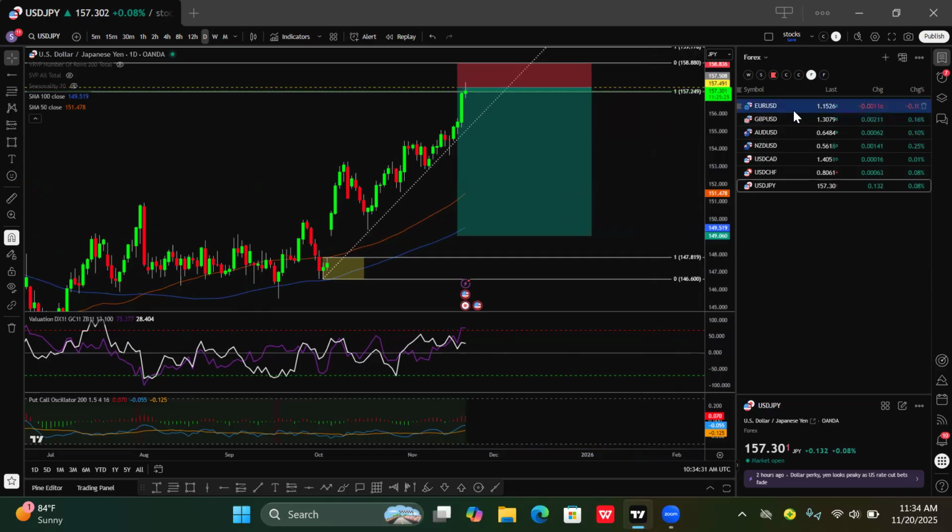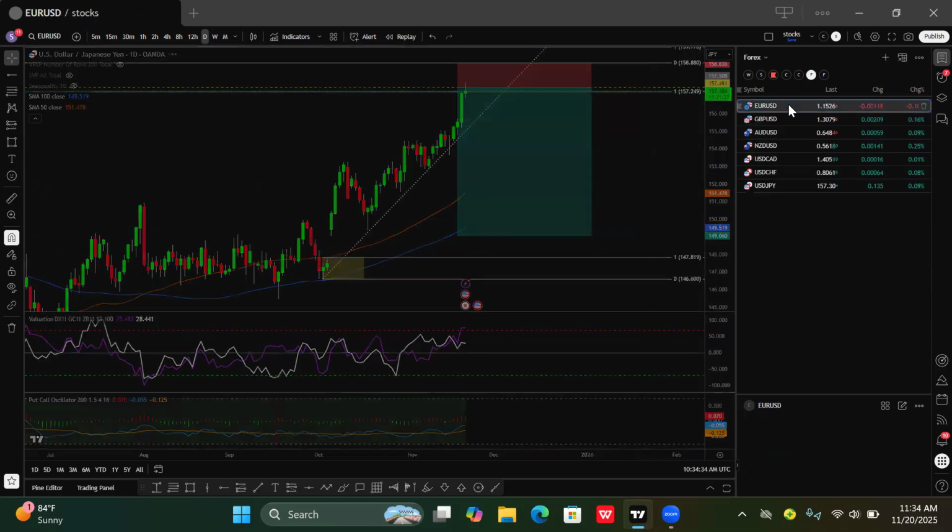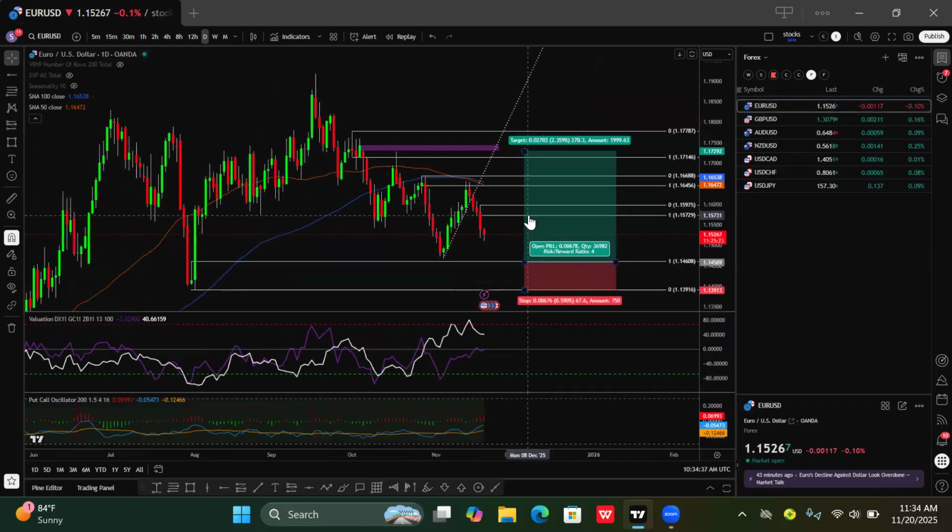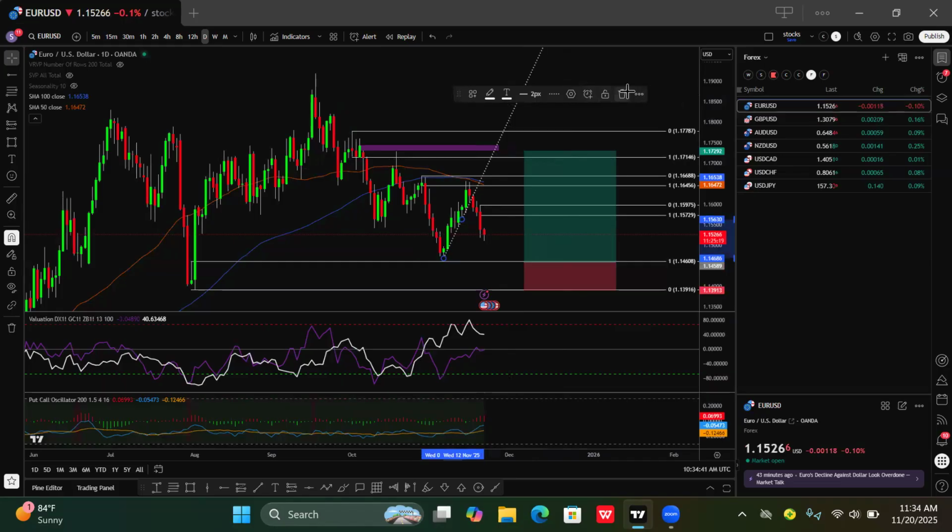Also on the euro dollar, I'm not going to take any trades as I already missed this one.